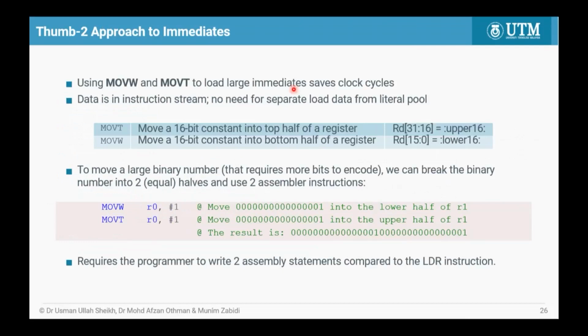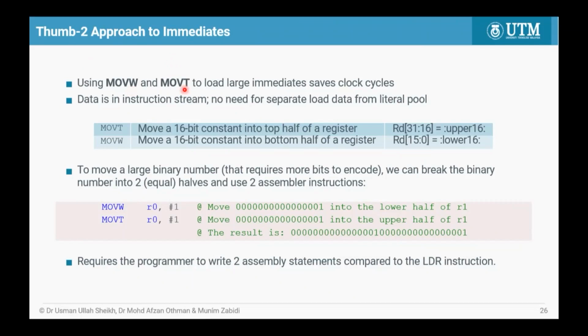Next is a two-step approach to immediate values. Since you're going to move 32-bit data, but the MOV instruction only supports 8-bit data, there is a two-step approach in order to move 32-bit data by using MOVW and MOVT.